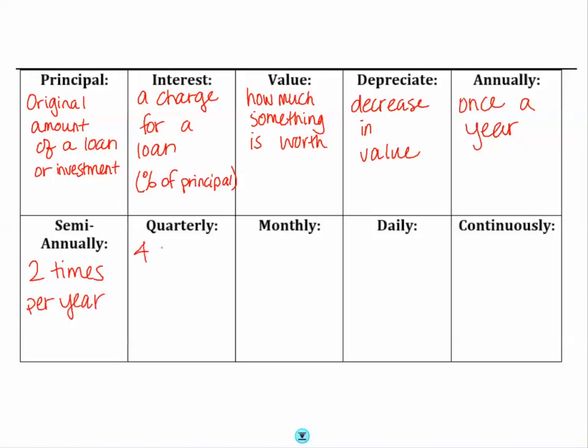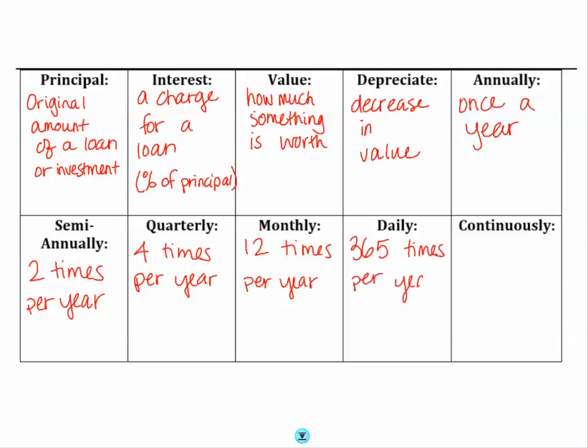Quarterly is 4 times per year. Monthly would be 12 times per year. Daily is 365 times per year. And continuously means occurring at every moment.